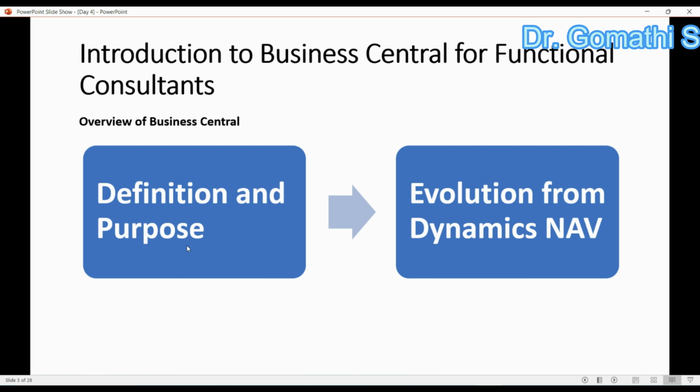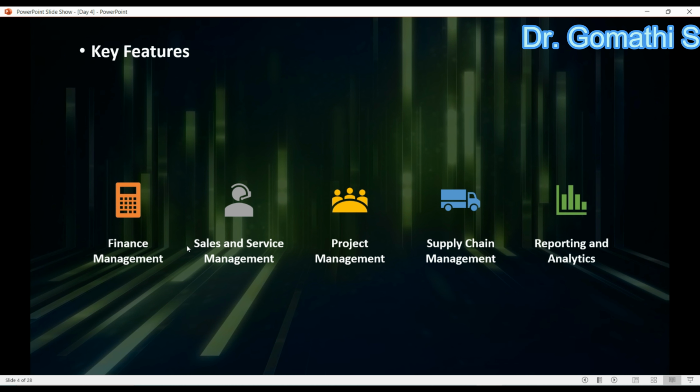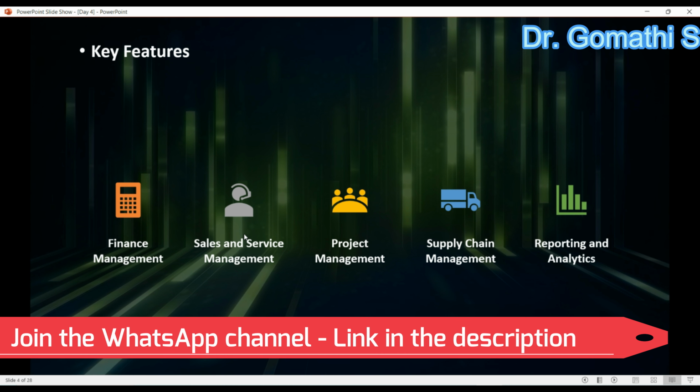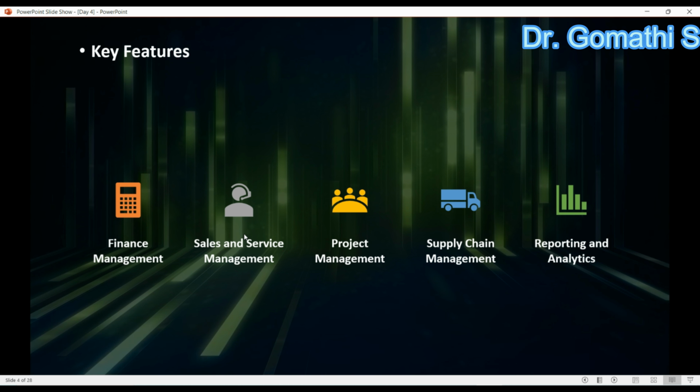Okay, so the key features of Business Central are what? Finance management, which offers robust financial reporting, budgeting, and accounting functionalities. Sales and services, like managing customer relationships. It doesn't have a very big customer management module, but of course it has a small one.